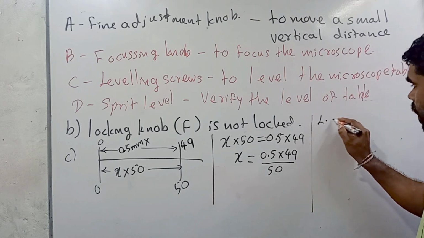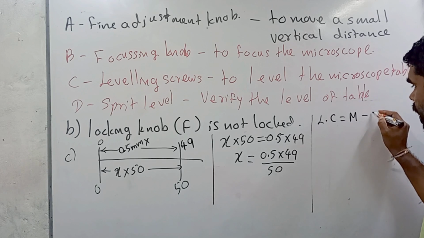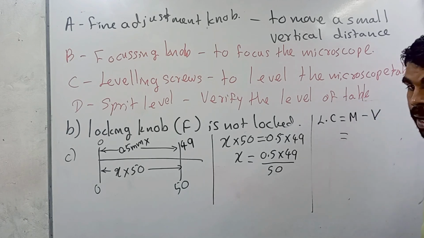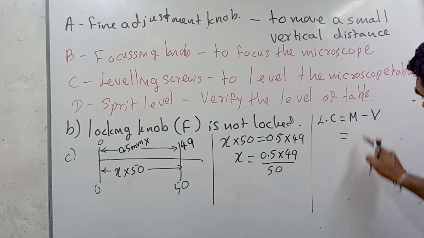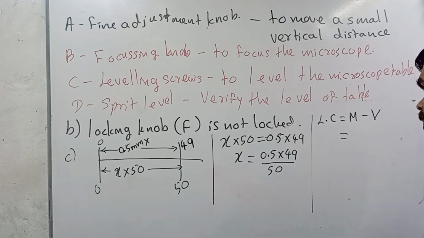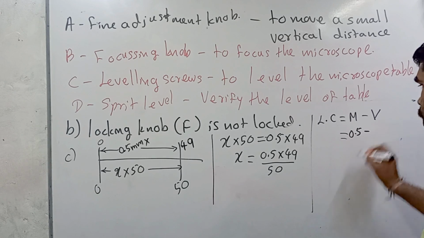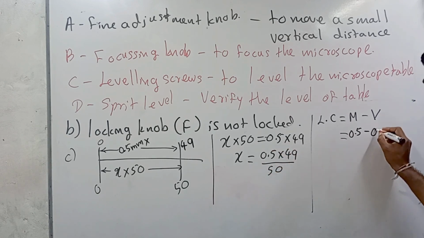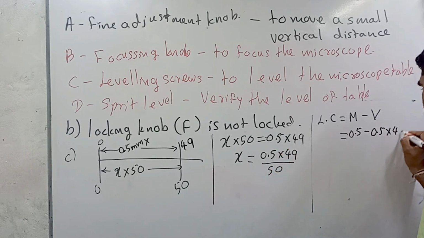Then we can write least count equals main scale division minus vernier scale division. Main scale division is 0.5. Vernier scale division is 0.5 times 49 over 50.